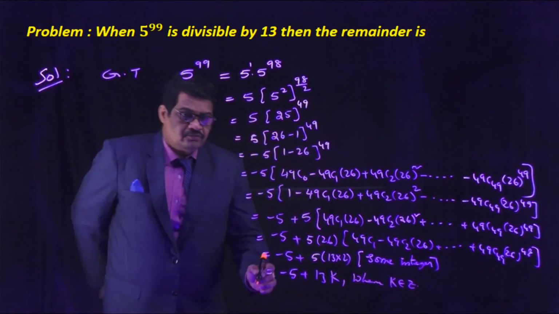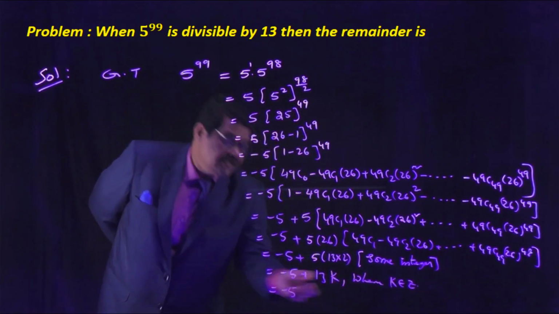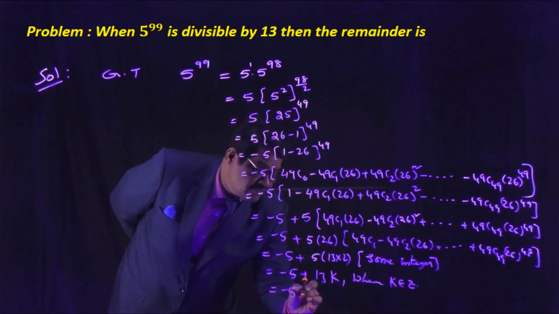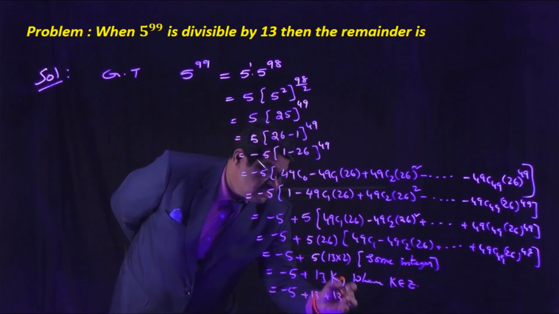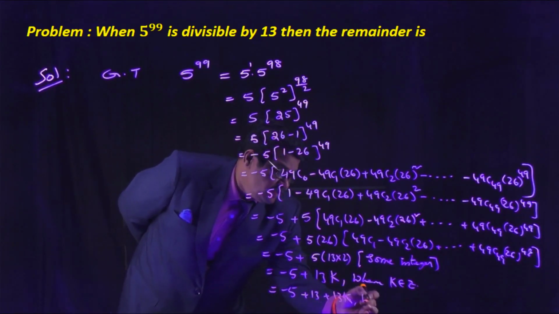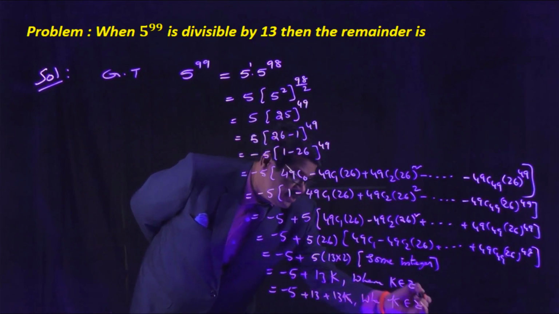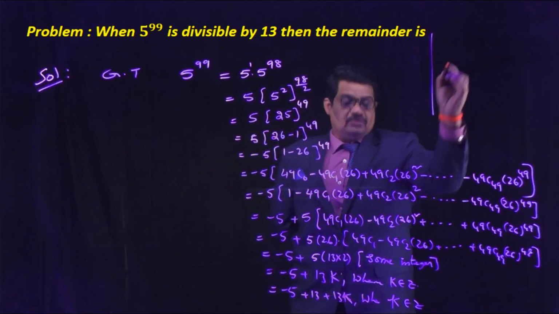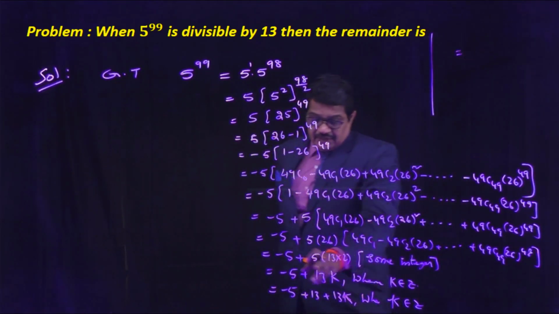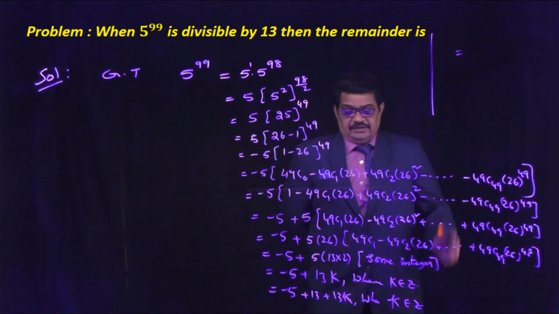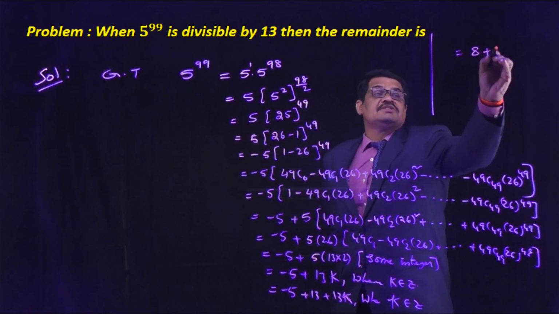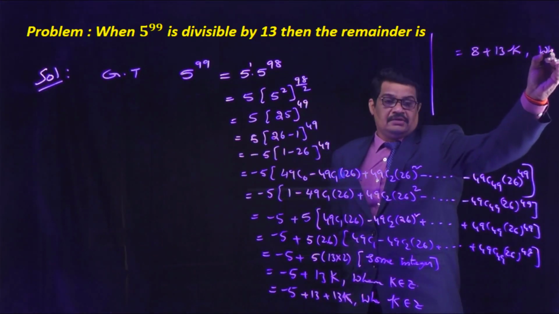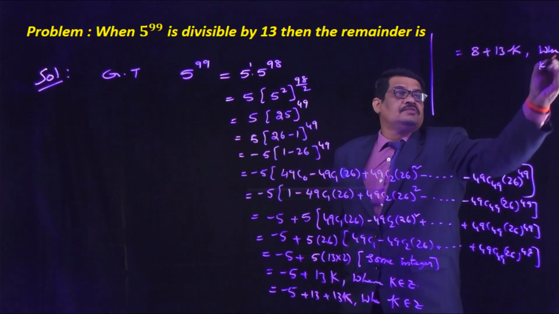Now from that we write 13k. Here we take k equal to 1 for the 13, and the remaining terms 13 capital K, where this capital K is an integer. That is equal to 13 minus 5, that is 8, so this is 8 plus 13k, where k is some integer.